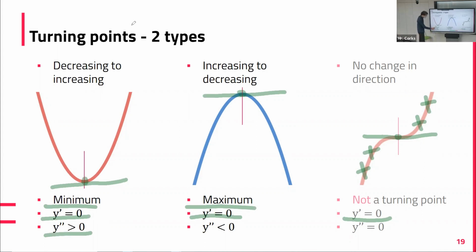If the second derivative is greater than 0, you have a minimum point. If the second derivative is less than 0, you have a maximum point. And if your second derivative is exactly 0, you don't have either. You have this kind of false turning point, and it's not actually a maximum or a minimum.